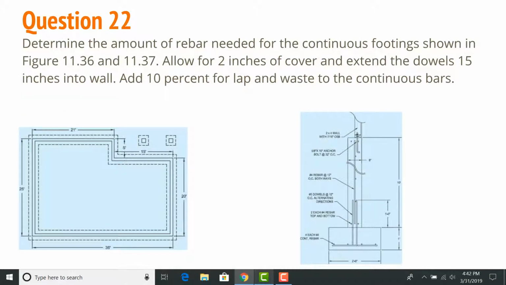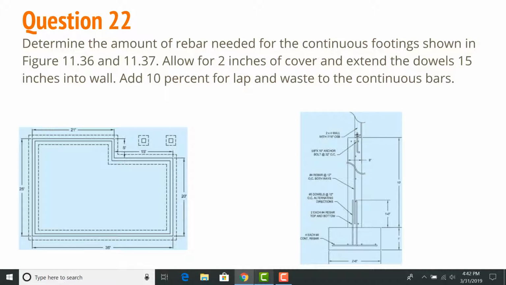The second question: determine the amount of rebar needed for the continuous footings shown in figures 11.36 and 11.37. Allow for 2 inches of cover and extend the dowels 15 inches into the wall. Add 10% for lap and waste on continuous bars.